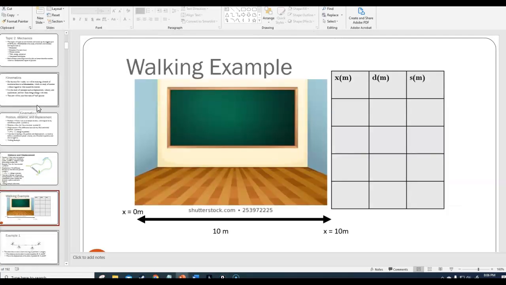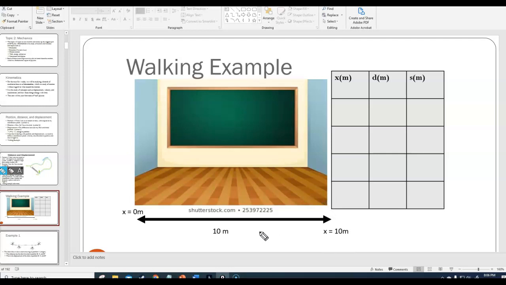Here is my classroom, or at least a picture of an animated version of some classroom. Okay, so let's say the left side of the room, let's say that is position x equals 0. Okay, and so I'm establishing my coordinate system. I'm saying that x equals 0 is on the left side of the room, and on the right side of the room, I'm going to say that's x equals 10 meters.